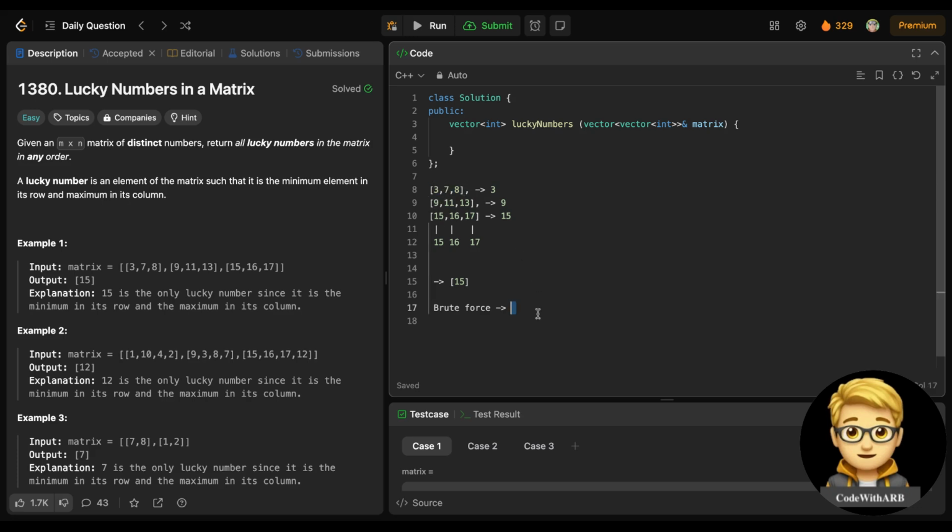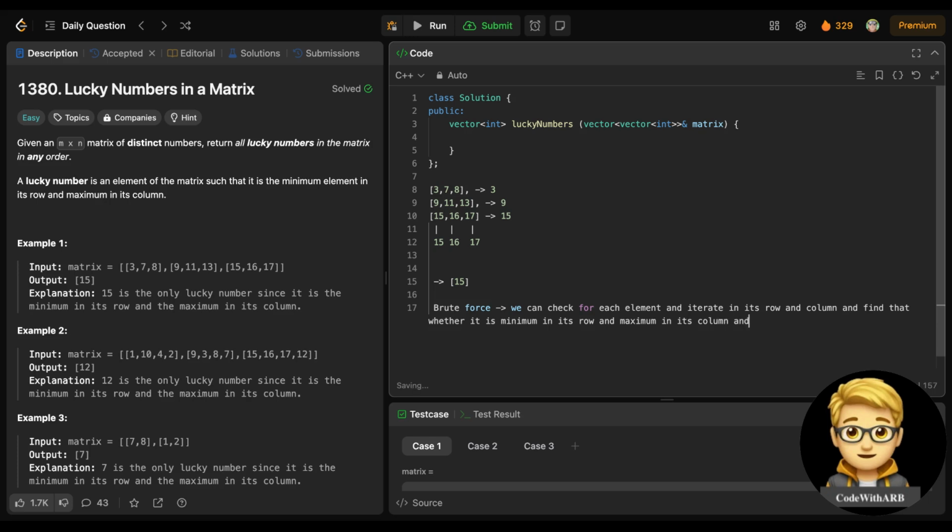So brute force would be that we check each element and iterate in its row and column and find whether it is the minimum in its row and the maximum in its column, right?